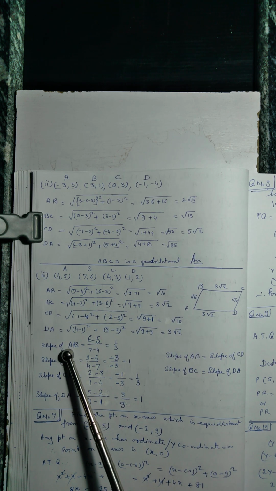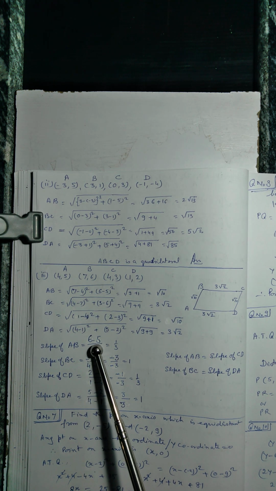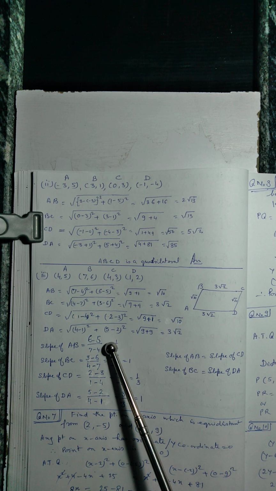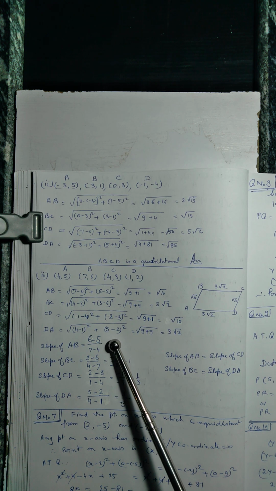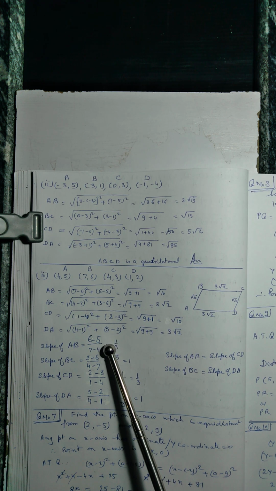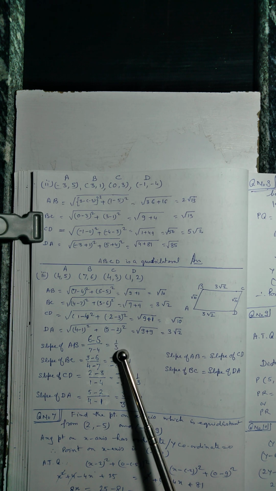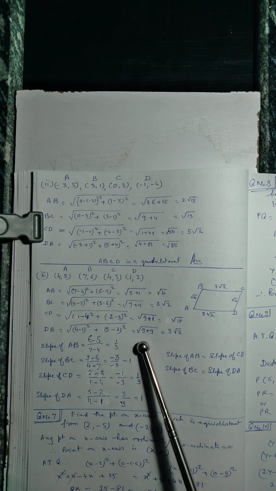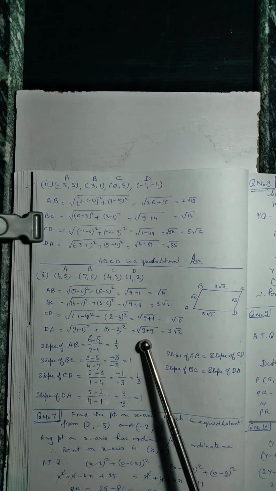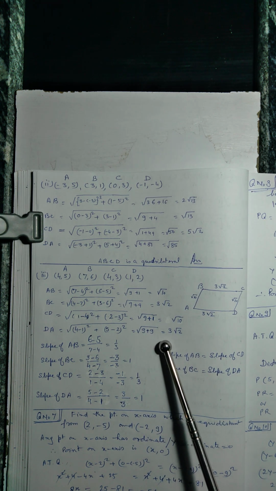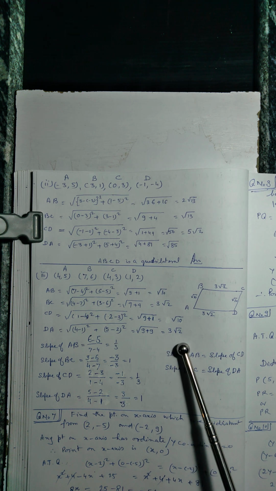So DA is equal to root of (4 minus 1) whole square plus (5 minus 2) whole square. Solve it, you will get 9 plus 9, that will be equal to 3 root 2.